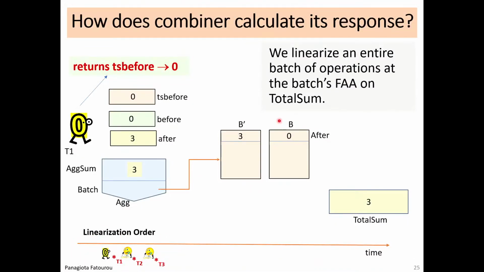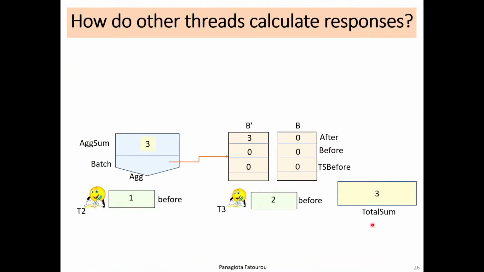And this batch is going to be linearized together, and the combiner is going to be the first, and therefore it has to report the value that it saw in the total sum before it applies any of these operations, right? And it applies them all together by a single hardware fetch and add.